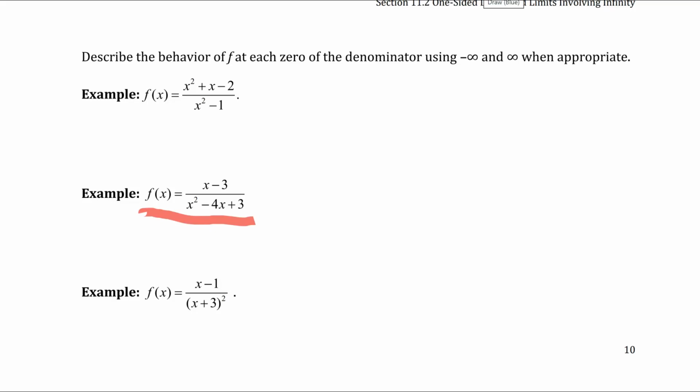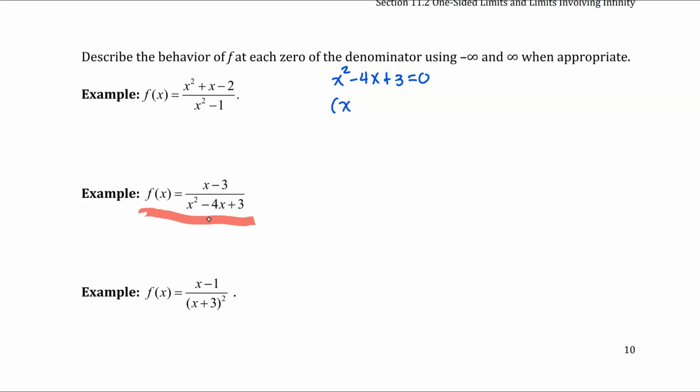So we begin by computing the zeros in the denominator. We do that by factoring. The zeros of x squared minus 4x plus 3 can be computed by factoring, or you could also use the quadratic formula if you can't factor it.